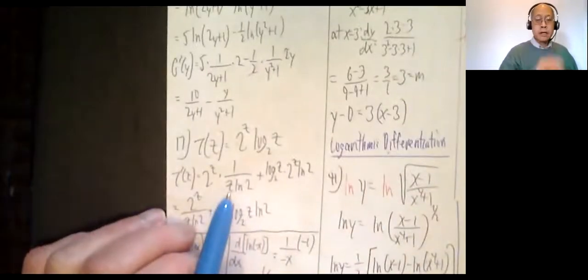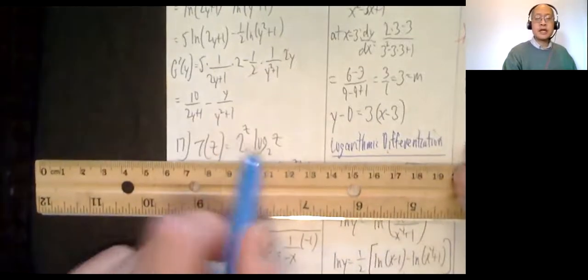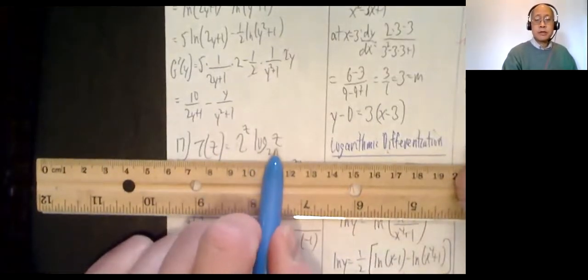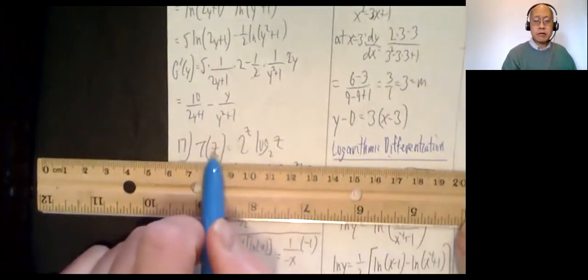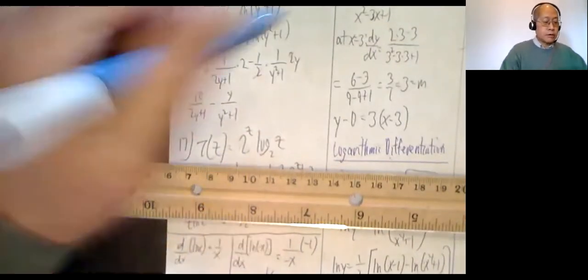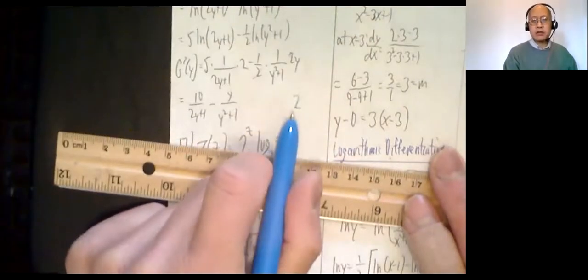Okay, 17. T of z is 2 to the z times log base 2 of z. Just to let you know, I will draw my z's with a little mark through it. Notice if I don't put it, then my z's end up looking like 2's. So there's a nice contrast here. If you write something real quickly, is that a z or a 2?